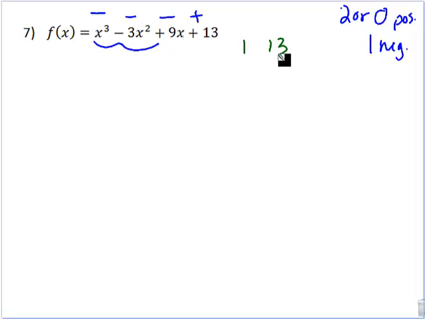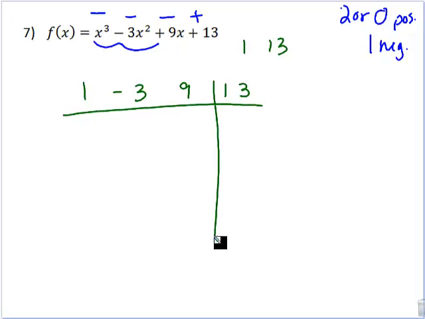Okay? So synthetic division, what should our coefficients be written out here? Positive 9 and 13. We did change the sign, but those are only used to determine how many negative solutions we could have. Whenever you're setting up synthetic division, you always want to use the signs of the original function.